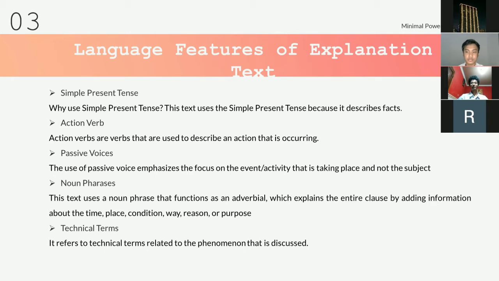Next one is noun phrase. The text is a noun phrase that functions as an adverbial which explains the entire clause by adding information about the time, place, condition, way, reason, or purpose. Let's take a look at the examples. The first one is, the current economic weakness may be a result of high energy prices.